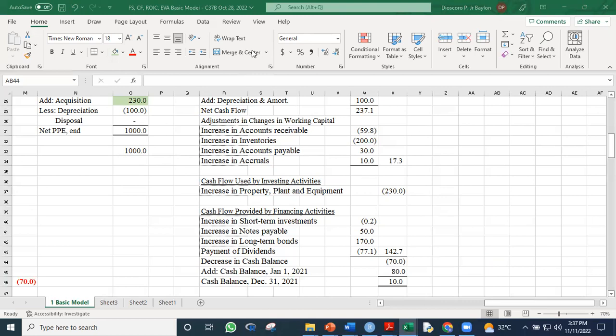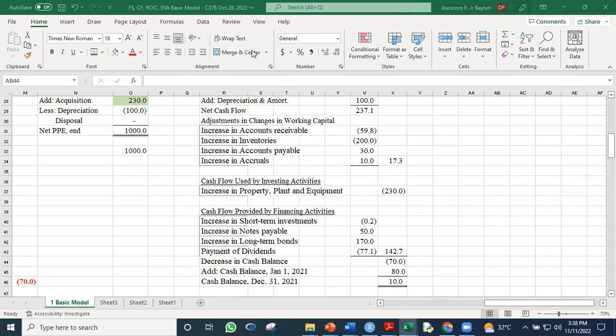So we were able to show the start of cash balance and then its ending, and then the increase or decrease in cash and where it came from as far as operating, investing, and financing activities is concerned. So the key takeaway here also is that when you're given net property, plant, and equipment, you have to solve for the acquisition.